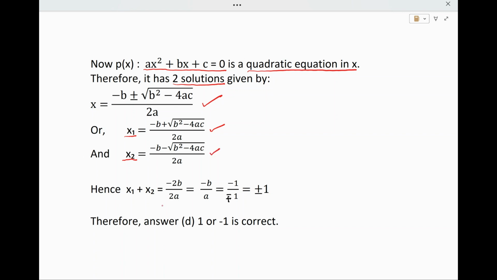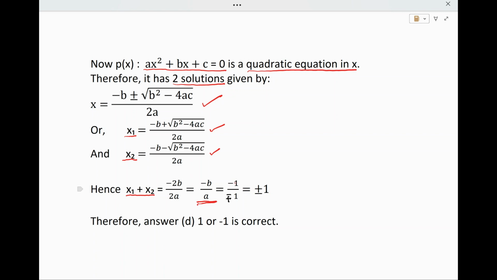Therefore, the sum of the two roots, x1 + x2, will be −2b / 2a. That is because the term under the square root sign will cancel out when you add the two solutions. So x1 + x2 = −b/a.